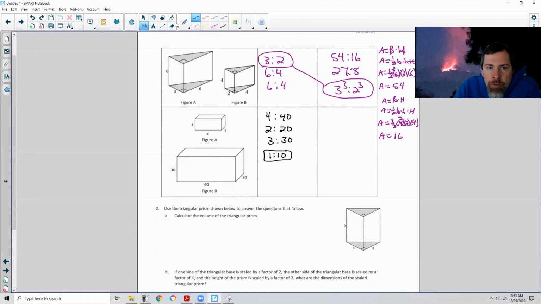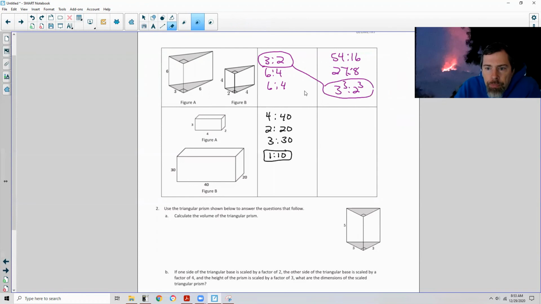So let me erase all this now. The volume of a rectangular prism is length times width times height. So the volume of the little one is 4 times 2, which is 8, times 3, which is 24.